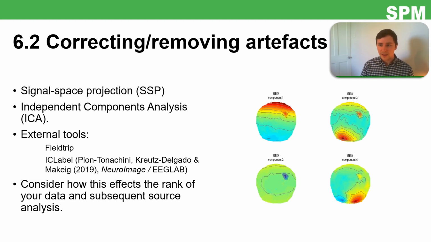Well, in SPM, you can do a few different things. One is to use SSP, signal space projection. I think this is going to be covered in the demo, but briefly, you use some automated or manual procedure to select artifacts, and rather than removing them, you treat them as an event.